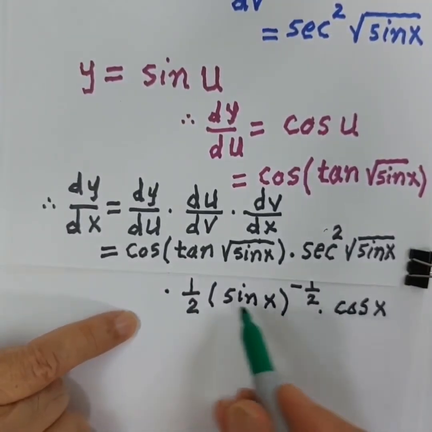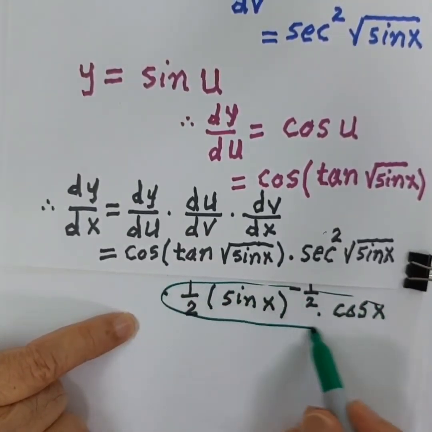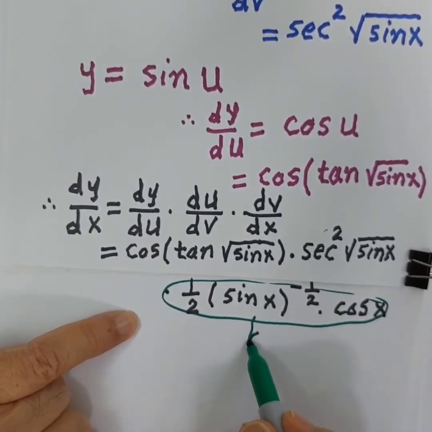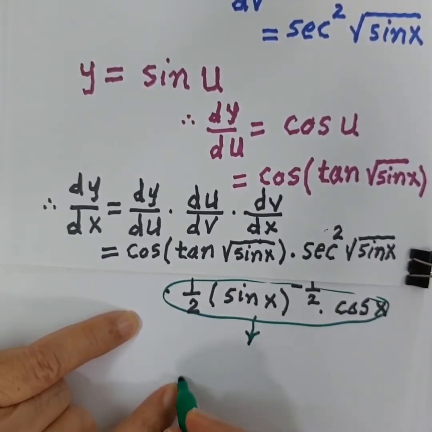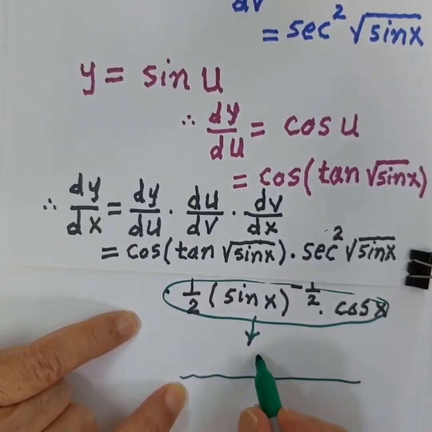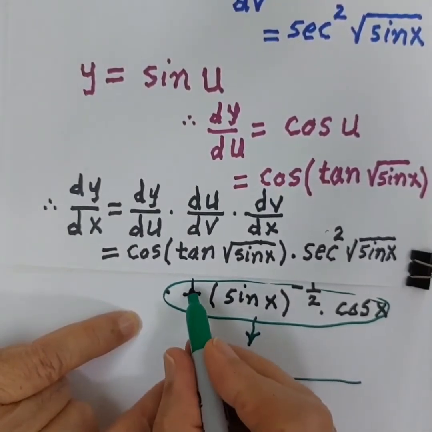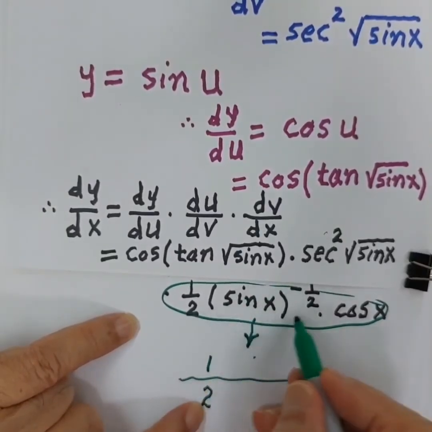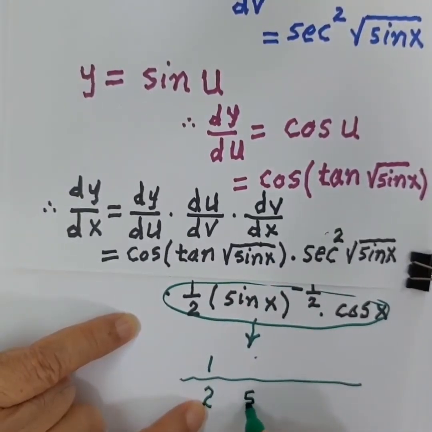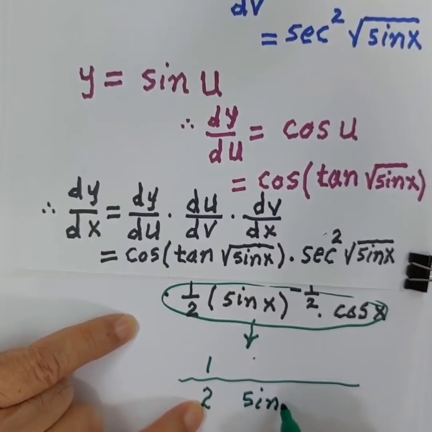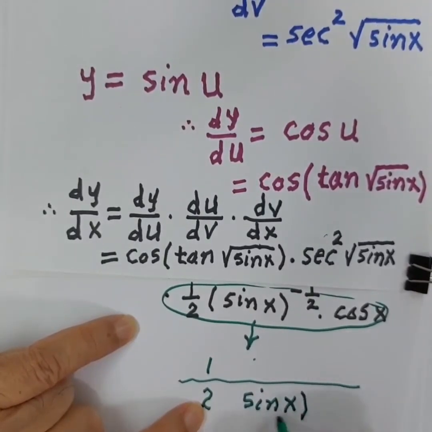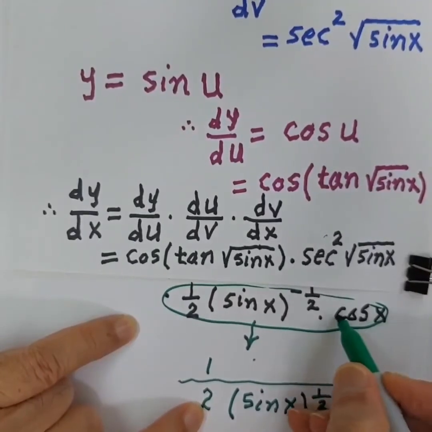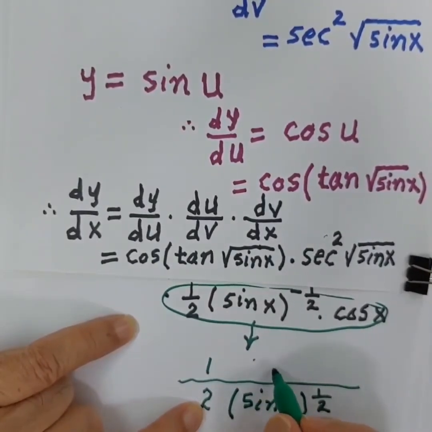And we write it as a fraction, 1 over 2, and this will come in the bottom, sine x to power half, and this will be in the top cosine x.